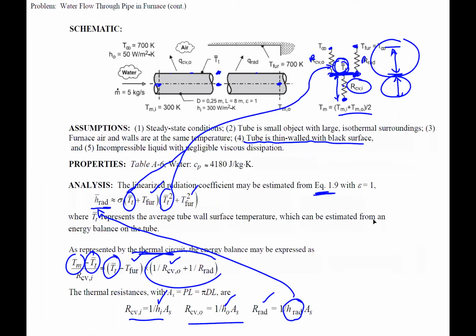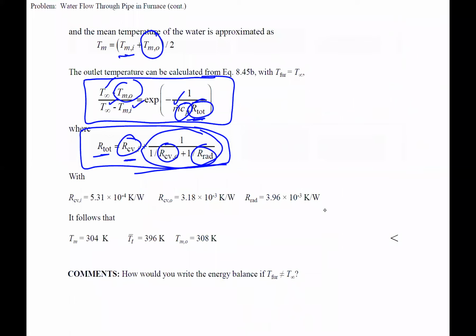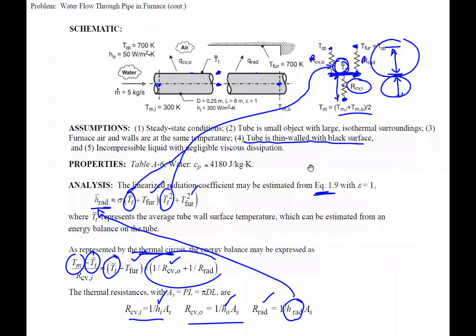If we started here and guessed an outlet temperature, that would get us the mean temperature. If we go here, with the mean temperature, we can use this to get the tube temperature, which we can also then utilize to get our radiation coefficient.